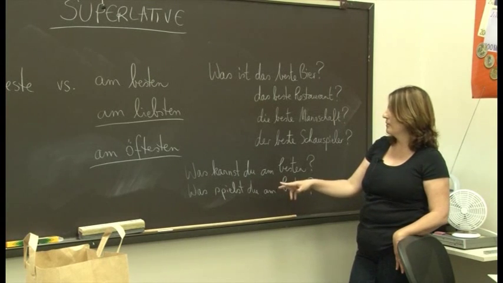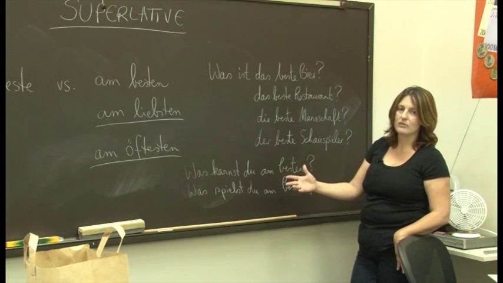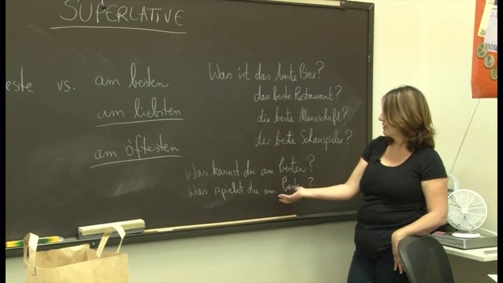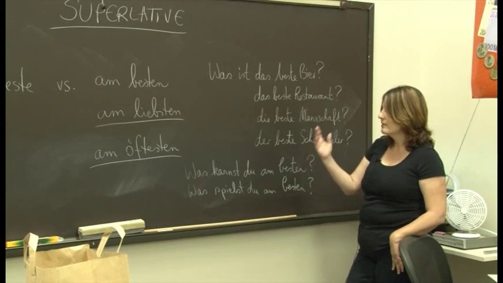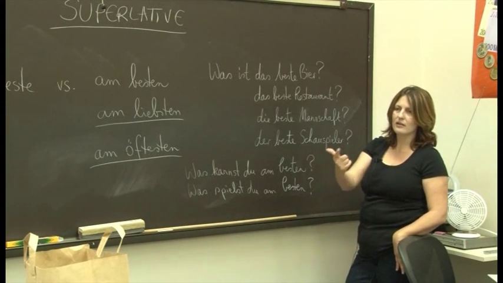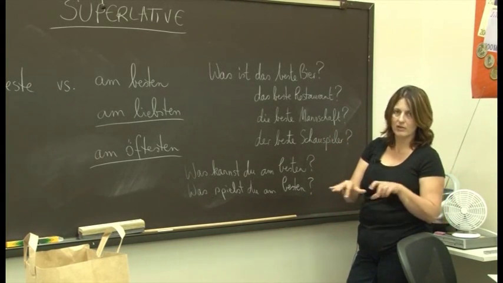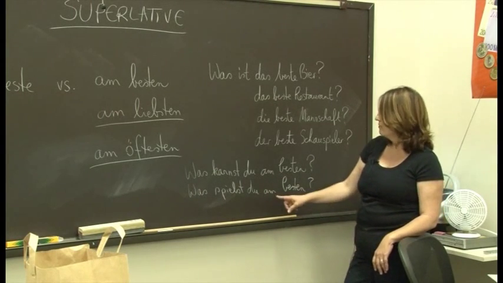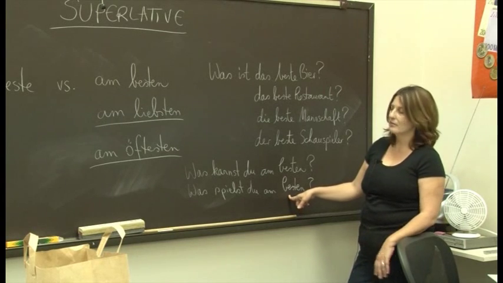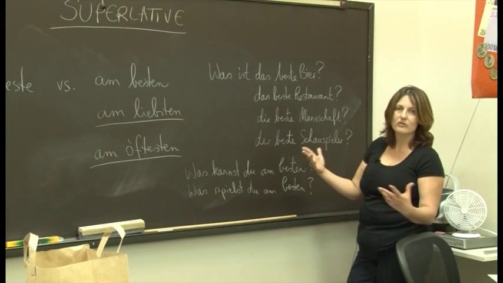Let's say you can play 3 instruments. It has to be at least 3 because otherwise we couldn't use the superlative, yeah? But let's say you do. Ich spiele Gitarre und Bass und Klavier, ja? Oh, echt? Was spielst du am besten? Okay, which one can you play best, yeah? Or 3 sports, ja?